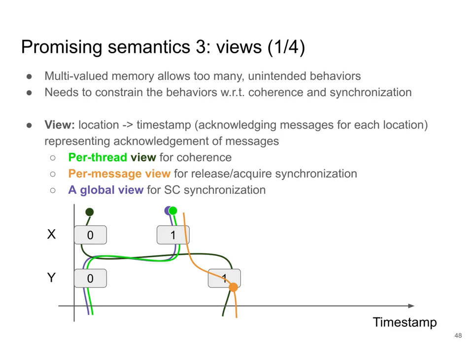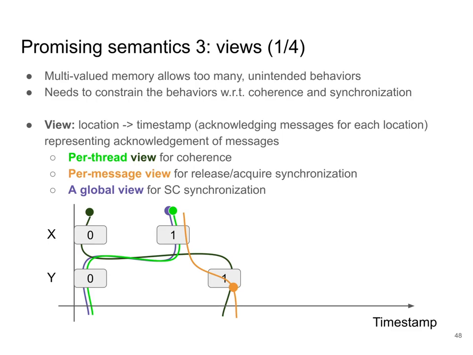So it introduces some constraint on the behavior of multiple threads: release, acquire, or fence. So they are modeled as synchronizations, and the synchronization is also represented with the views. So this is the motivation of the views, and let me tell you a little bit more about the mechanism of these views.